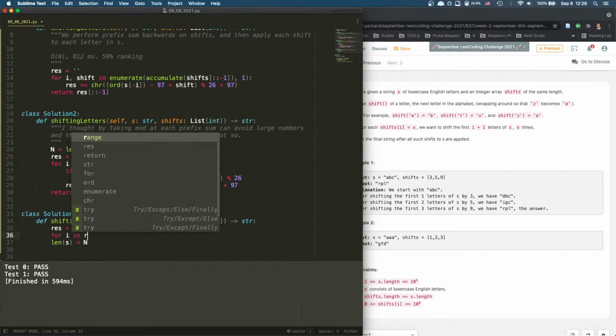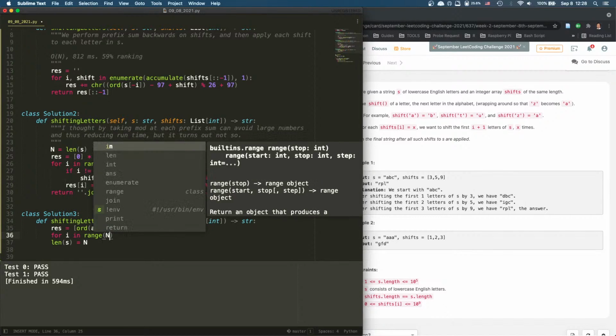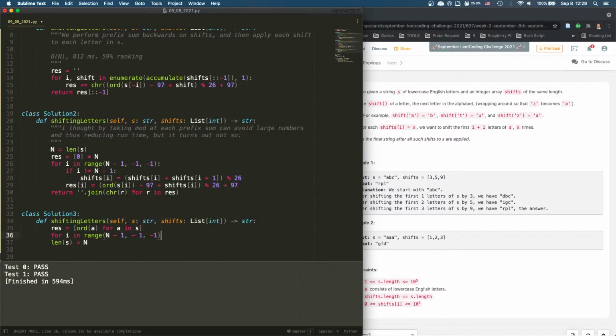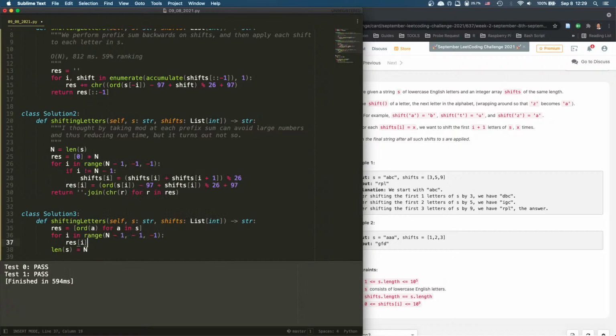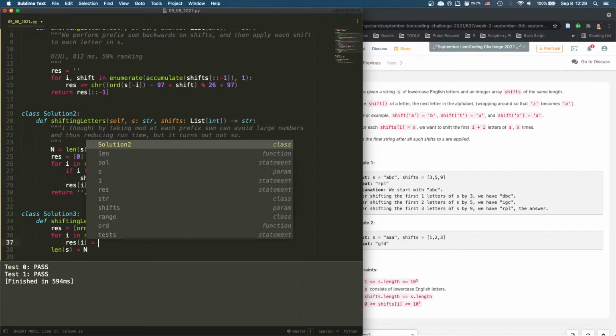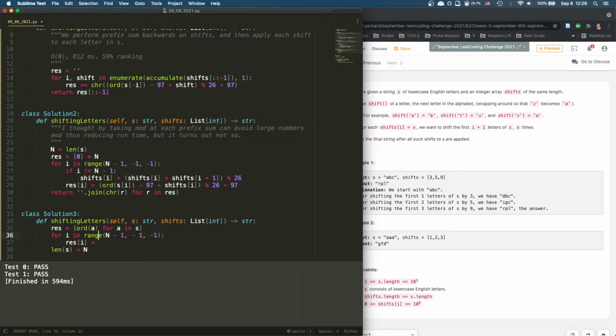And for i in range, right? And minus 1, minus 1, minus 1. Still have to go through, and we say res i, right? Res i will equal to res i plus 1, right? So I have to do the same thing.